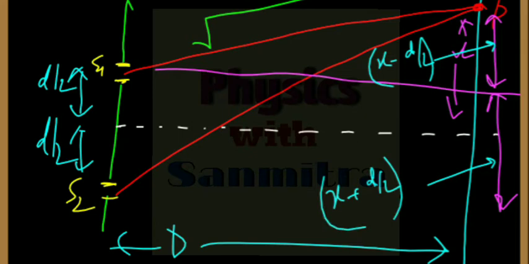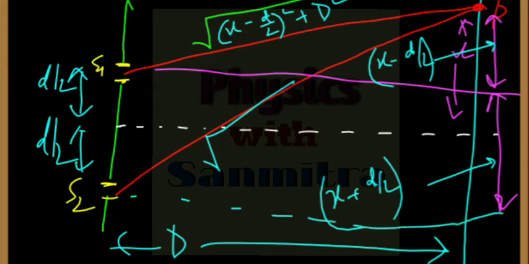This red length, that is, x minus d by 2 whole square plus D square. What is this one? If I extend it, in this triangle it will be x plus d by 2 whole square plus D square.